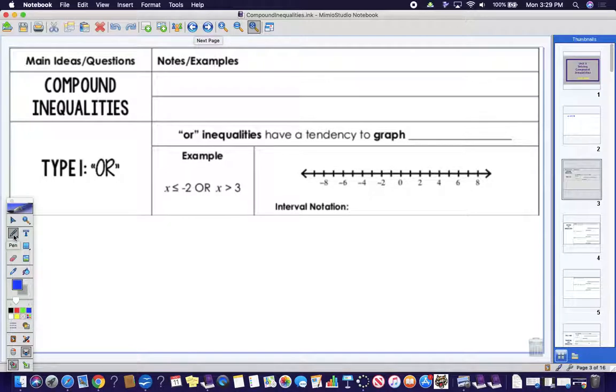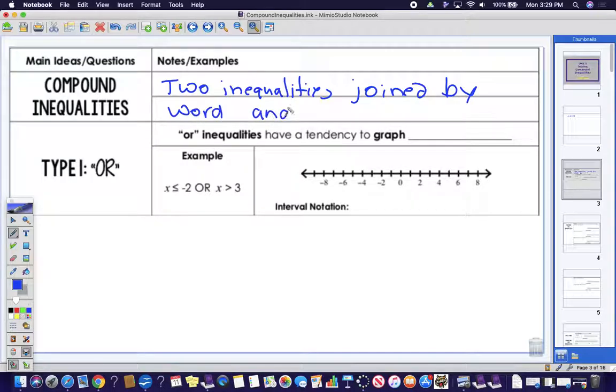Now, a compound inequality is actually two inequalities, or it could be more, that are joined by the word and, or.